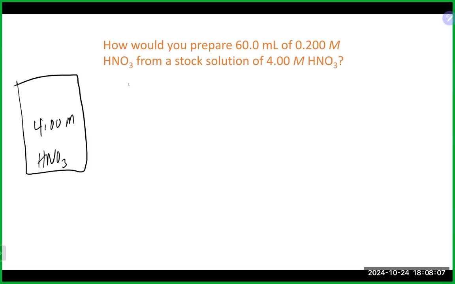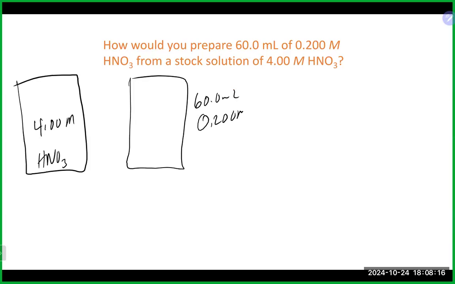And eventually here we want to make another container that has a volume of 60 milliliters. And we'll end up with a molarity of 0.2 molar. So it's definitely a dilution. We basically are trying to make a lower concentrated nitric acid from a higher concentrated one. So we could use our M1 V1 equals M2 V2.